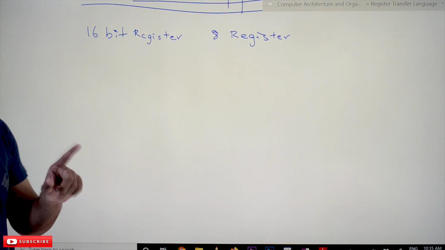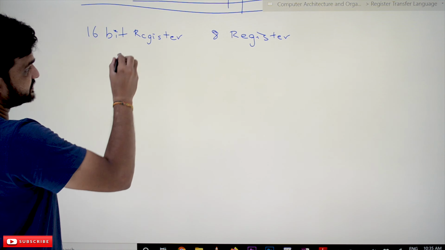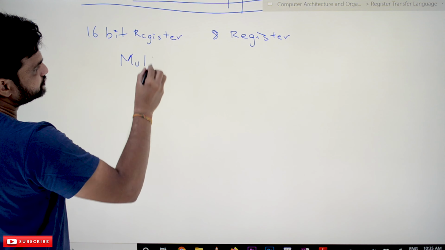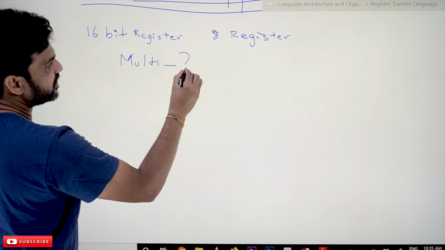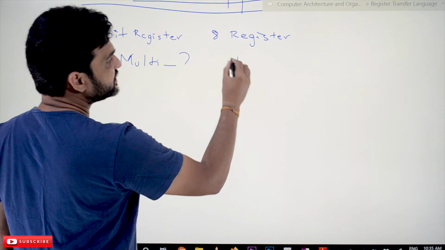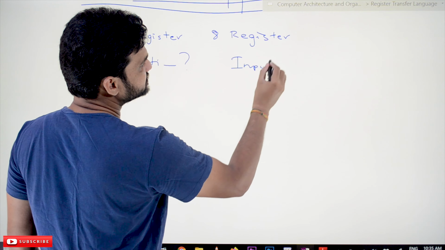Now how many multiplexers are required? So the question is, how many multiplexers are required, and how many input lines for the multiplexers?